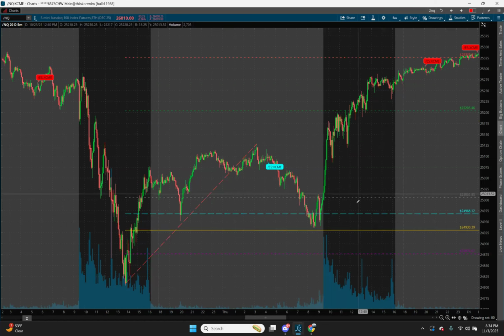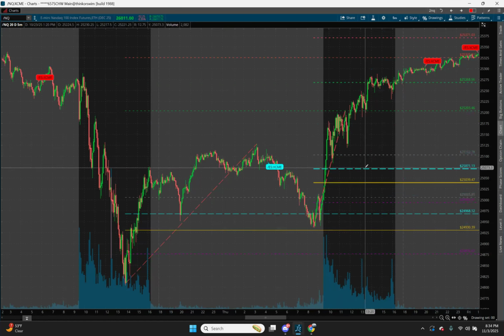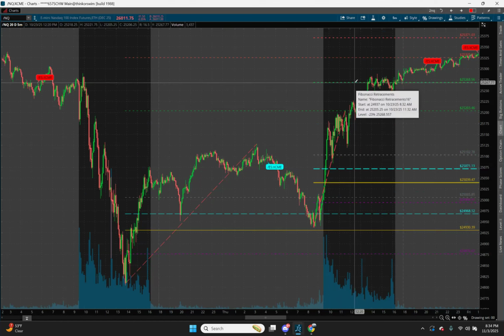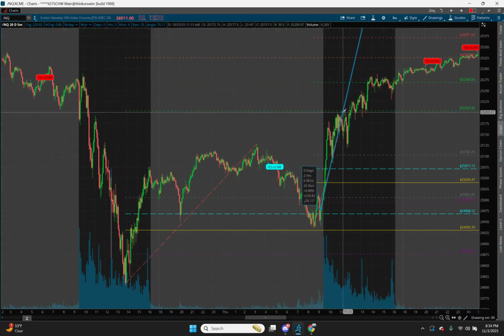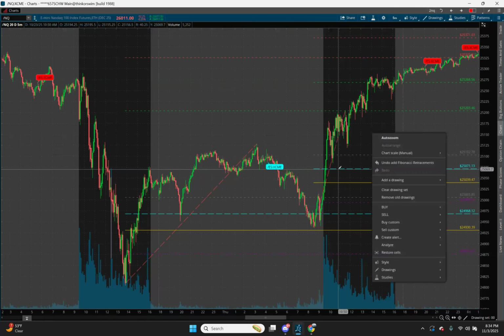Now, if we were to come off of this traditional, we didn't, but if we were to come off this traditional and pull back into this 50, this target is 25,070 to 25,270. So the target is smaller. This target would have been 220 points.